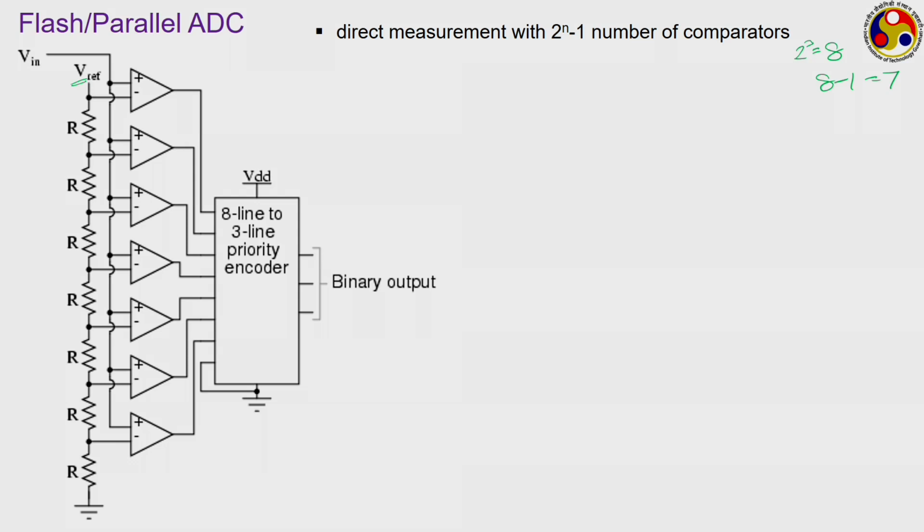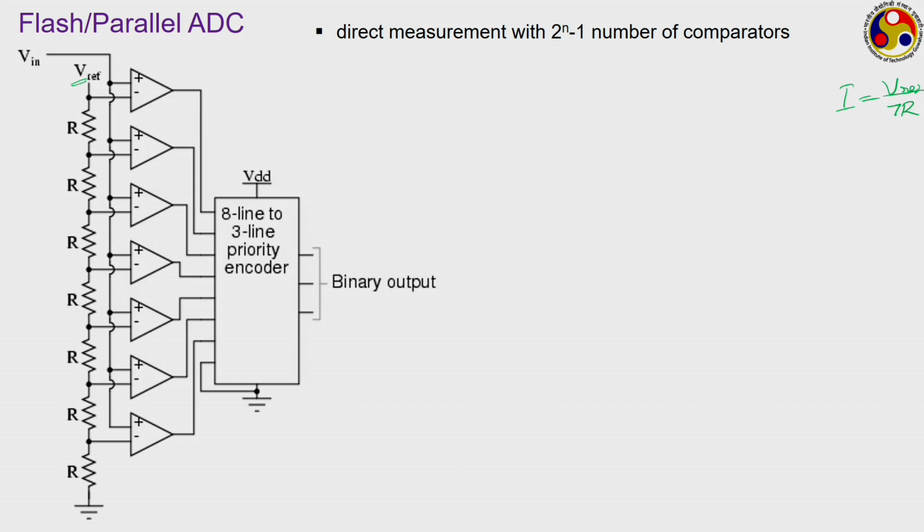This chain of resistors is connected to the ground. So what is the current flowing through this? Can you calculate? Vref is the voltage applied on one end, the other end is grounded, and there are 7 R of resistance. So the current flowing through this is I equal to Vref divided by 7R.